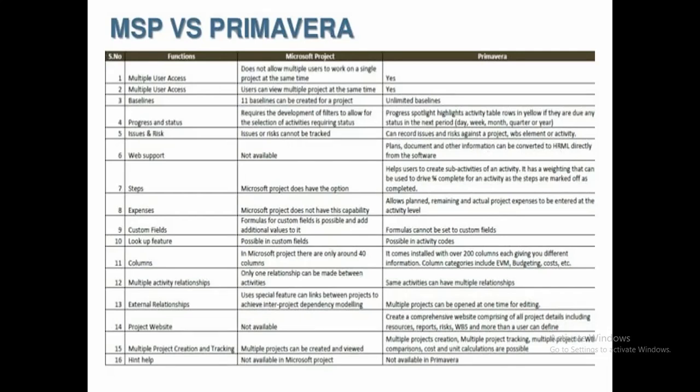And then columns: in Microsoft Project there are only around 40 columns, and Primavera comes with over 200 columns, giving you different information. Column categories include EVM, budget cost, etc.